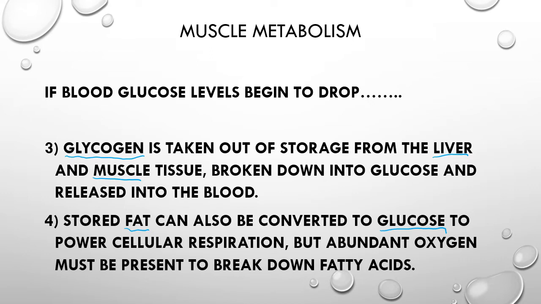This process itself requires a large amount of oxygen. We have to have an abundant amount of oxygen in order to break down our fatty acids and get us back to a glucose starting point. So this is going to be very aerobic in its process. But as long as we're keeping the muscle well supplied with oxygen, keeping it well supplied with ATP, it can keep on going.